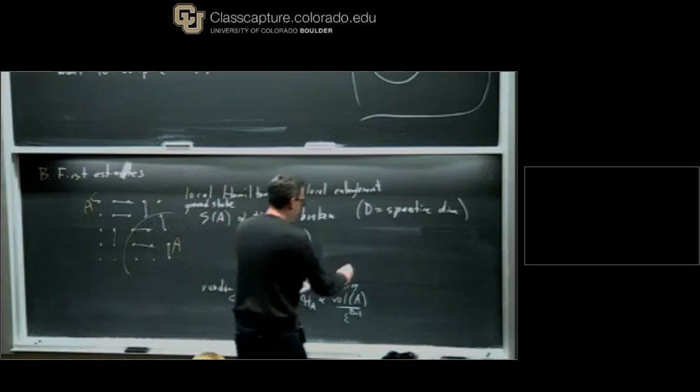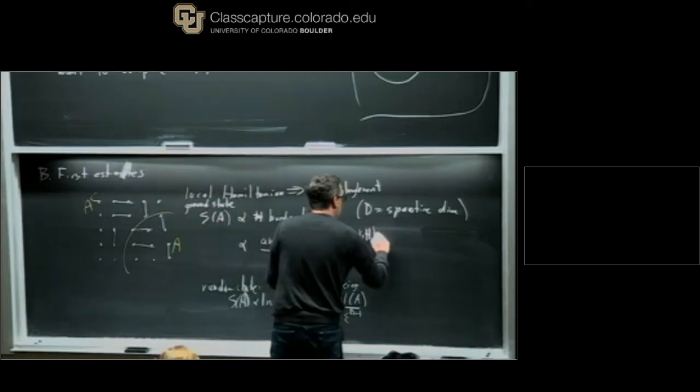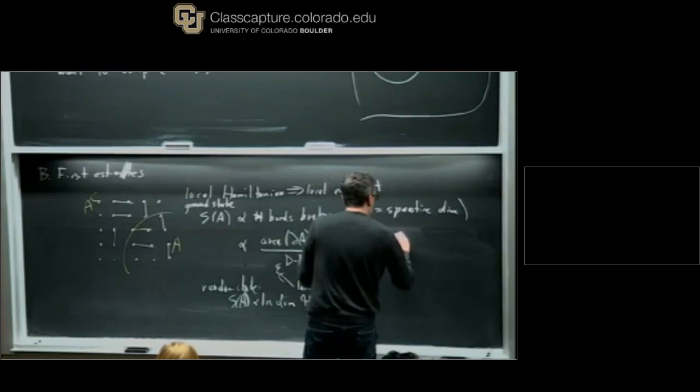So in some sense, even though it's divergent, you should understand that we expect from locality that we have very little entanglement.